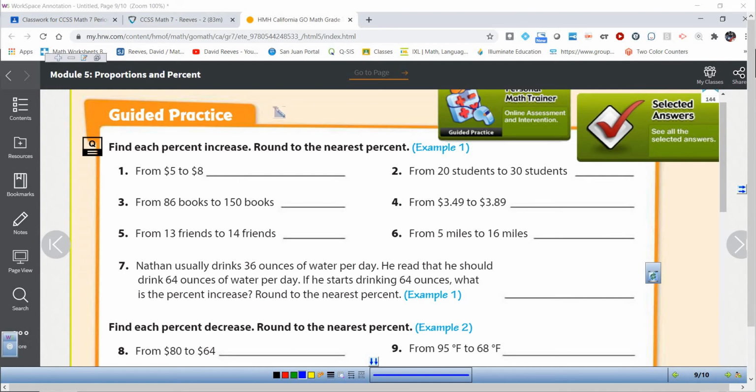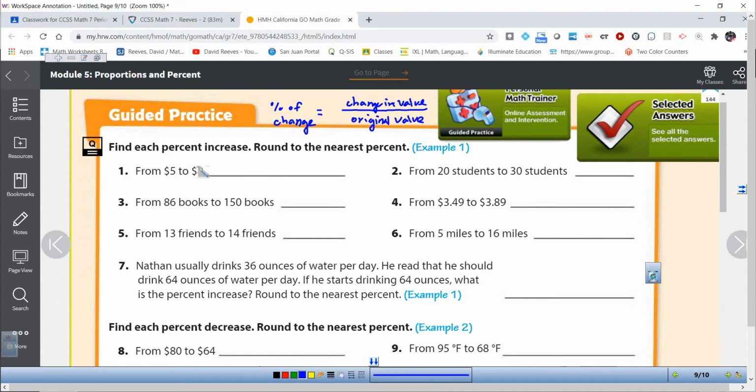And remember, if you want to find the percent of change, the ratio that you need is the change in value over the original value.